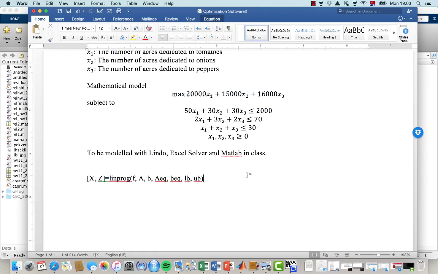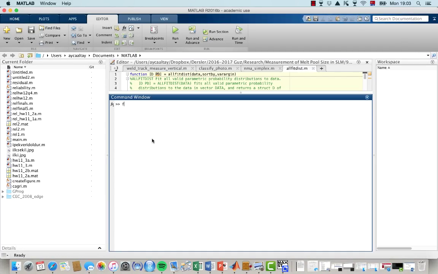When we take the negative of this function like this, our problem is turned into a minimization problem. So we define f first, the objective function coefficients: minus 20,000, minus 15,000, and minus 16,000.